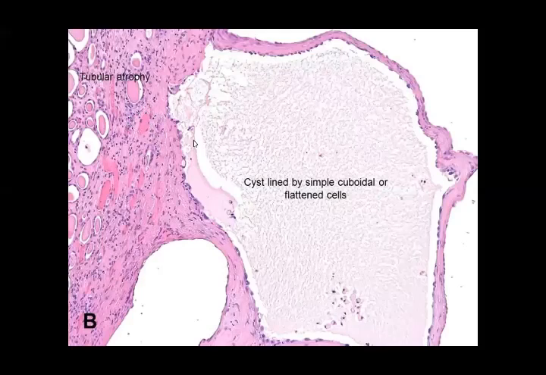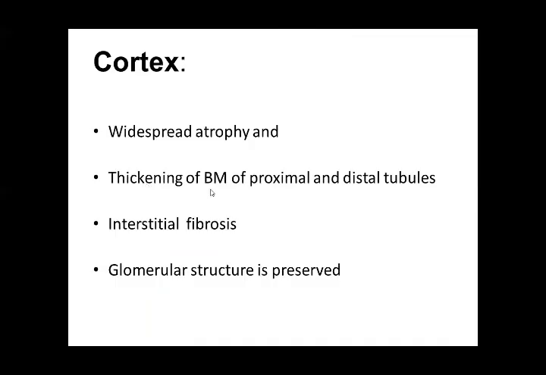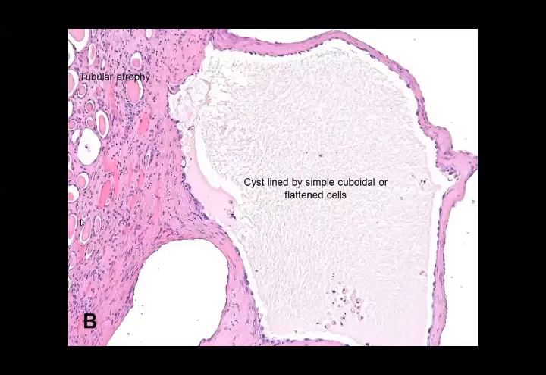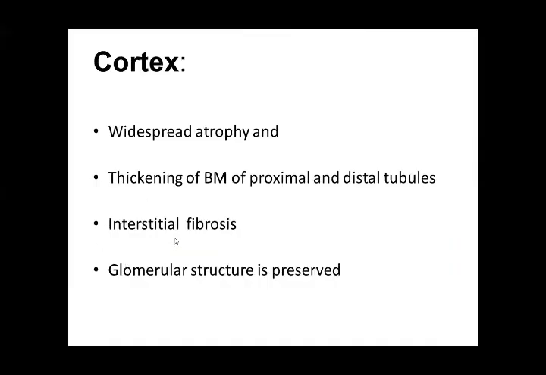Because of the large cyst, there has to be widespread atrophy and thickening of the basement membrane of proximal and distal tubules. So there is tubular atrophy and fibrosis.